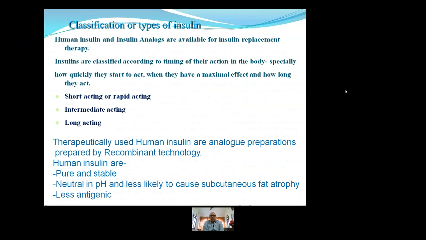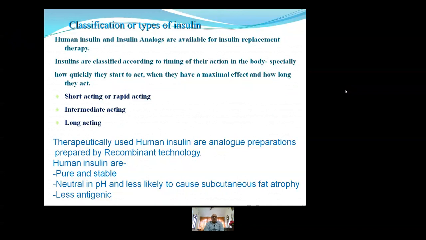Classification or types of insulin. Human insulin and insulin analogs are available for insulin replacement therapy. Insulins are classified according to timing of their action in the body, especially how quickly they start to act, when they have a maximal effect, and how long they act.